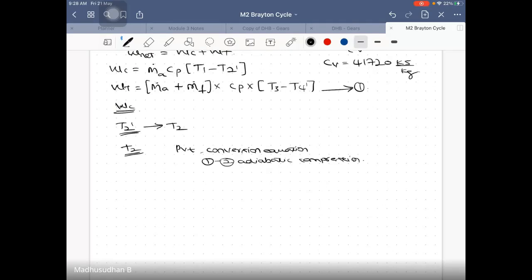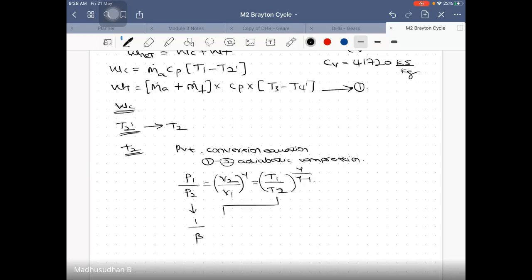If I apply it, it would be P1 by P2 equal to V2 by V1 whole to the power of gamma, that is equal to T1 by T2 whole to the power of gamma divided by gamma minus 1. P2 by P1 is beta, so P1 by P2 is 1 divided by beta.